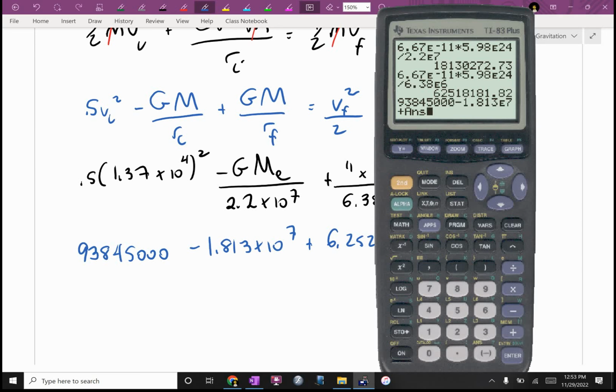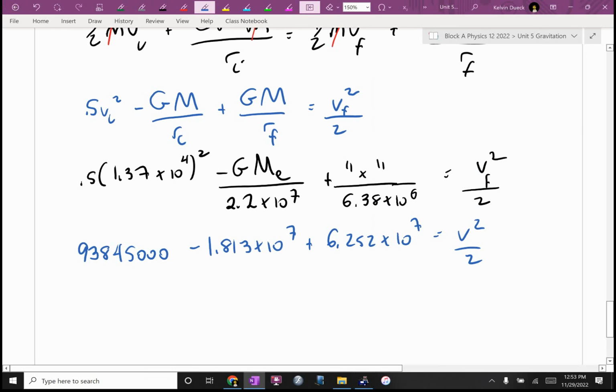Making sure I haven't made a typo. Anybody else got a 1 point? Yeah, okay. 1.382 times 10 to the 8th. That equals V squared over 2.